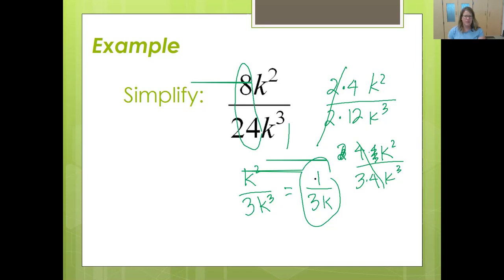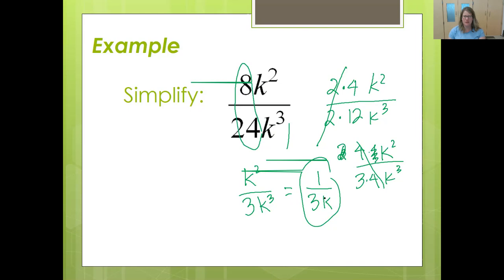Now, because this has a k on the bottom, and the original had a k on the bottom, I have to think about what k values will work for this, right? There are going to be what we call excluded values here, because anything that makes my denominator equal 0 is going to be excluded, because I cannot divide by 0.